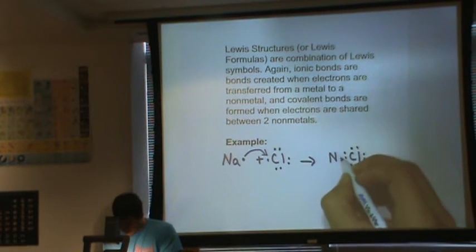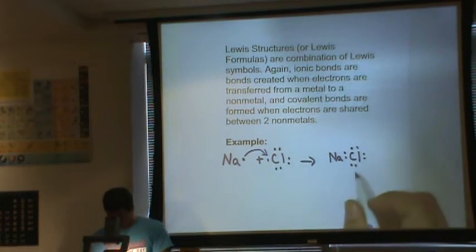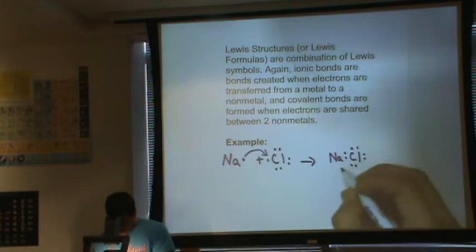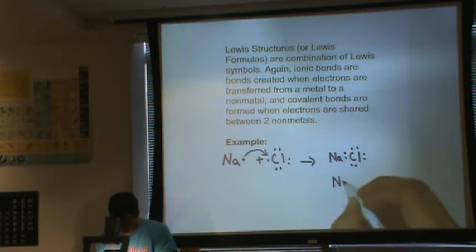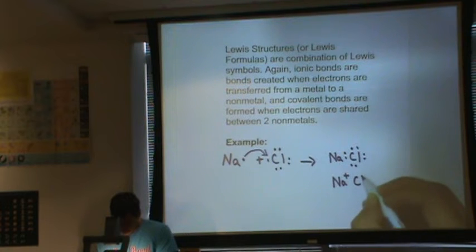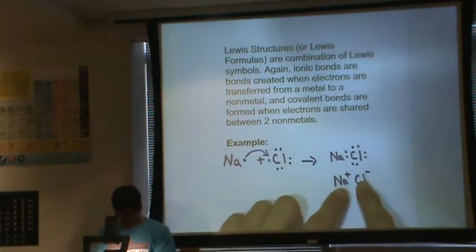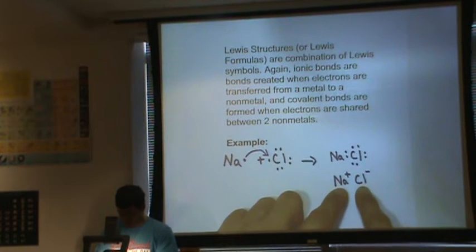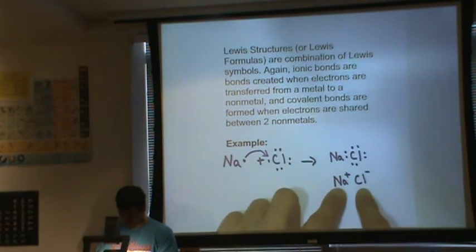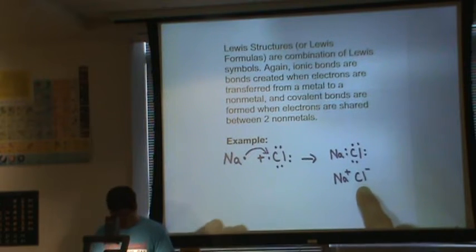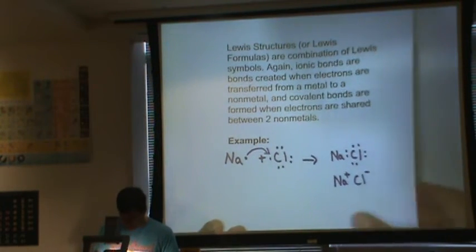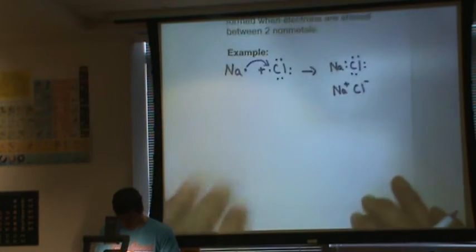That should be an 8. This is also represented by sodium being a cation, and chlorine being an anion. And that ionic attraction is what creates the bond. It's the attraction between a positive and a negative. So this is when you have a metal and a nonmetal.